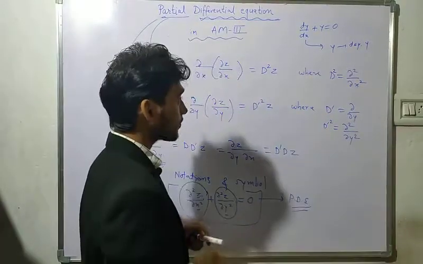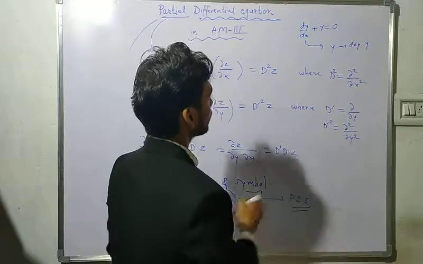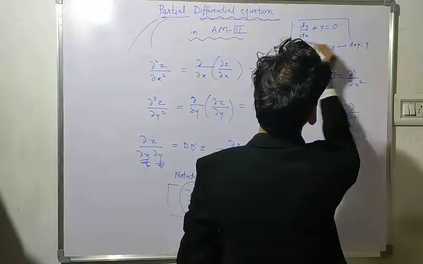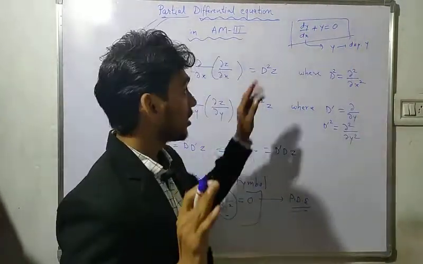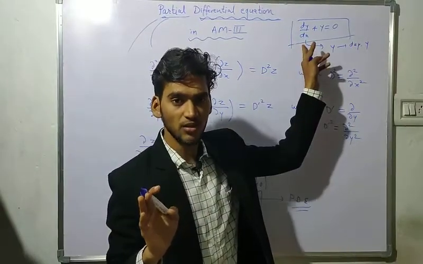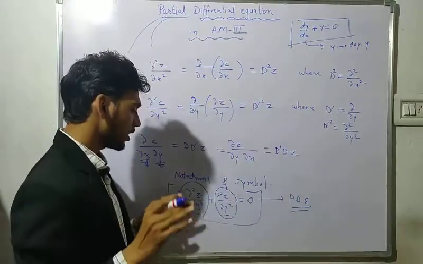So that is just the theory part. I think I should come on to the equation. So dy by dx plus y equal to 0 is a differential equation, an ordinary differential equation. We are talking about partial differential equation.